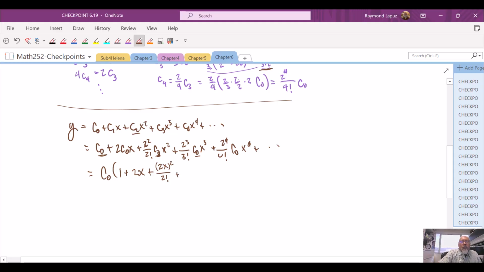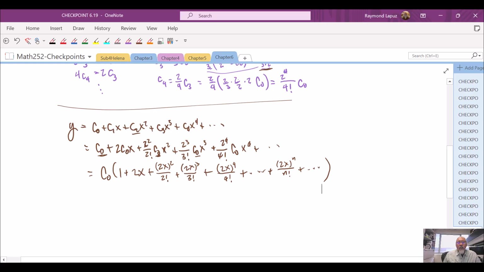We got 2 to the 3rd, x to the 3rd, so that's 2x to the 3rd power over 3 factorial. And we can go on here, etc. 2x raised to the 4th power over 4 factorial, and then you can see the pattern from here. In fact, we can write it down. We got 2x raised to the nth power over n factorial. All right, great. That is our solution.